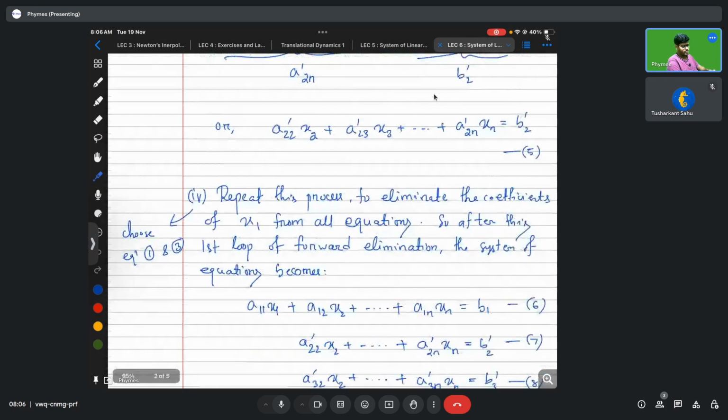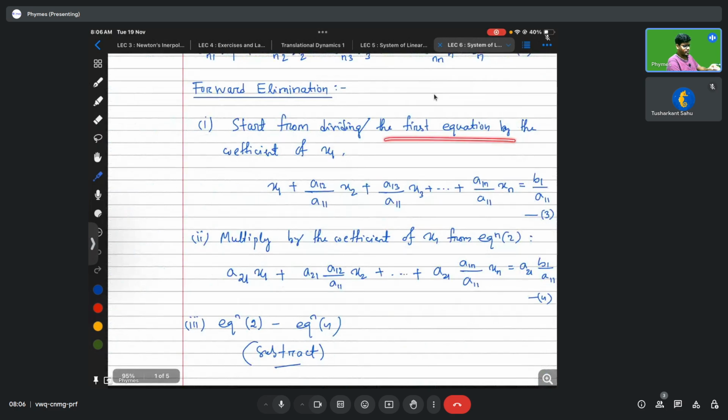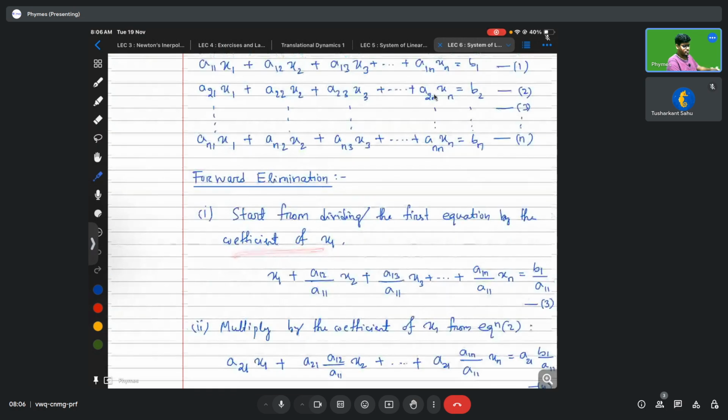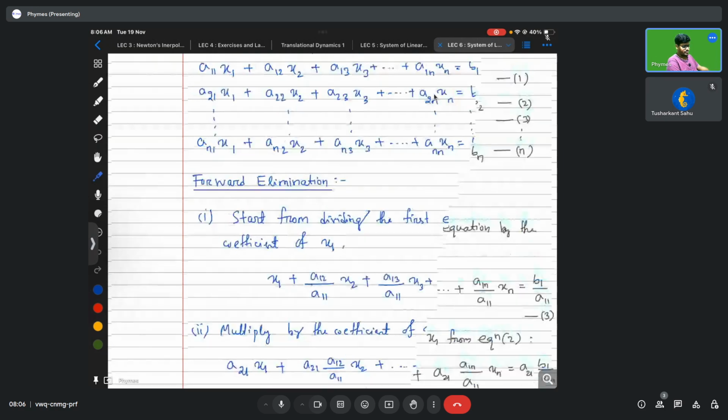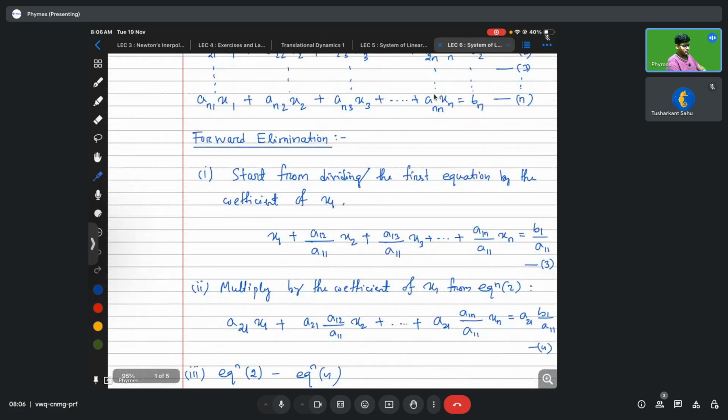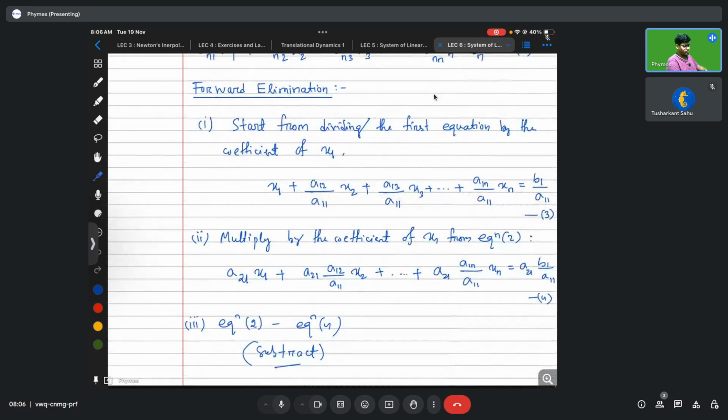So let's start by dividing by the coefficient of x1 in the first equation, and the form will be like this. The coefficient of x1 is a11, divide it everywhere, and then multiply by the coefficient of x1 from equation 2.